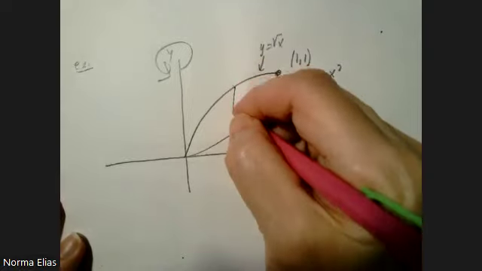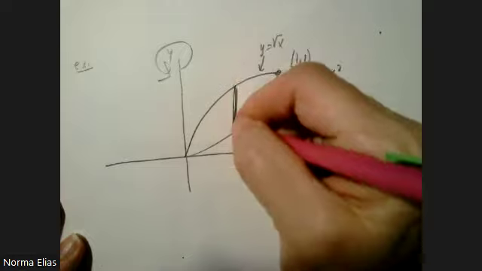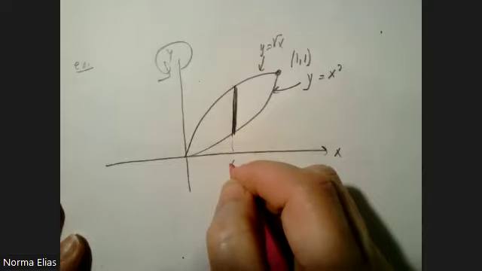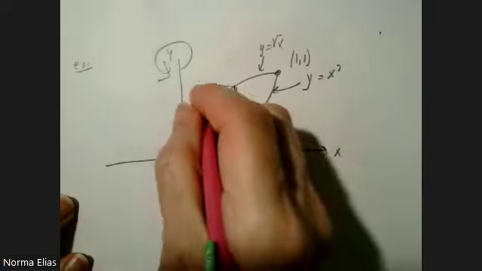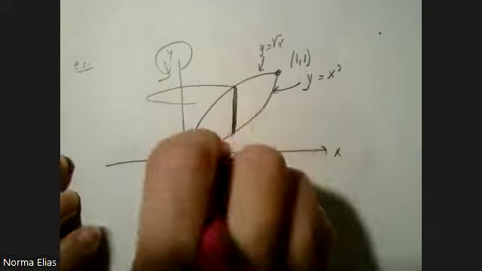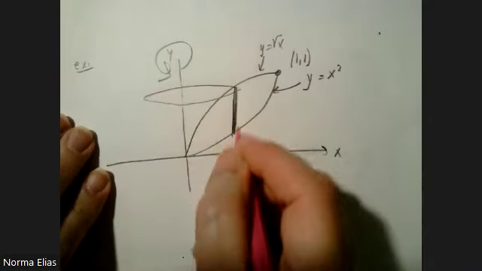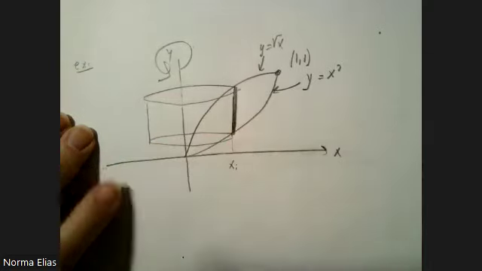The shell method means I'm going to cover this region with slices which are parallel to the axis of rotation. And this is my xi. I'm going to rotate this particular piece. This is what I am rotating.